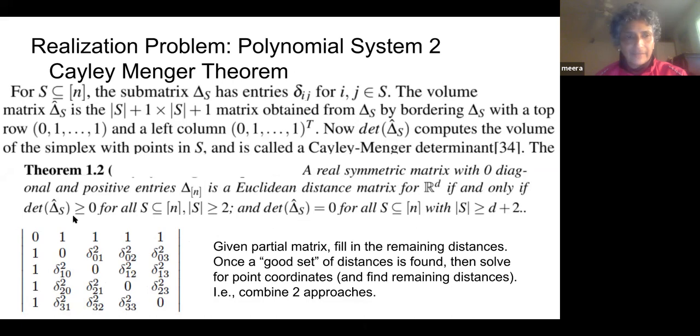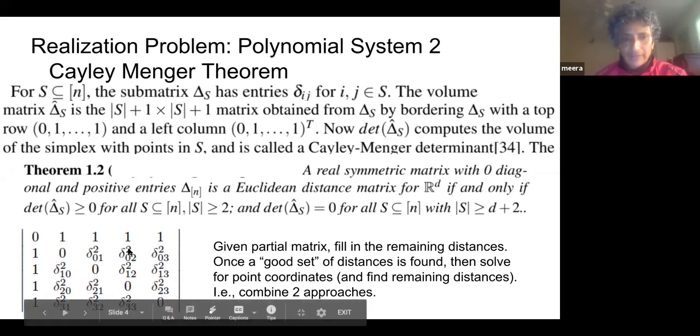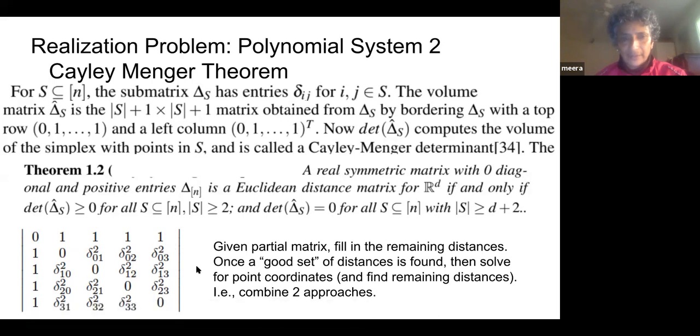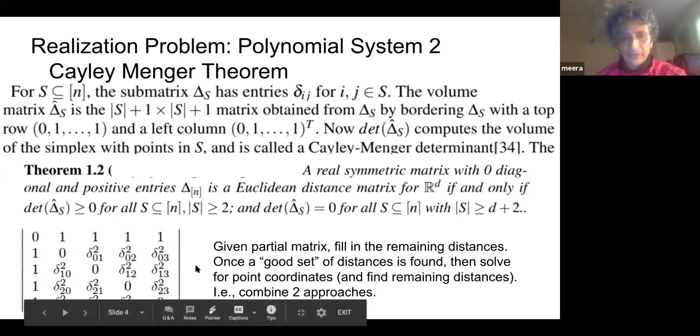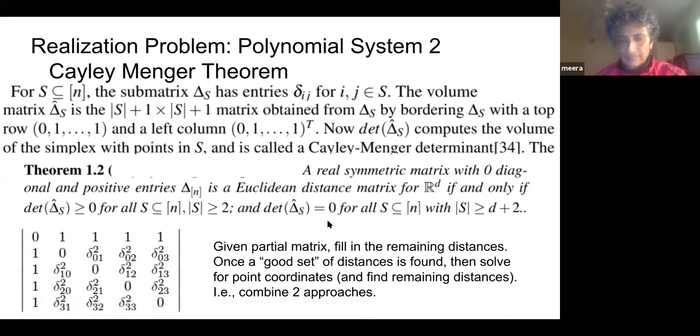In addition, they have inequalities that say that the distances essentially come from real realizations. But in this case, you would be solving polynomials whose variables are the distances. So one possible way to think of the realization problem is that you're given a partial distance matrix and you're trying to fill in the remaining distances using these Cayley-Menger determinantal polynomials, setting them to 0. In other words, finding a point on the determinantal variety.